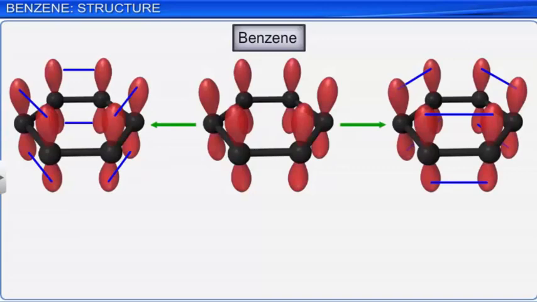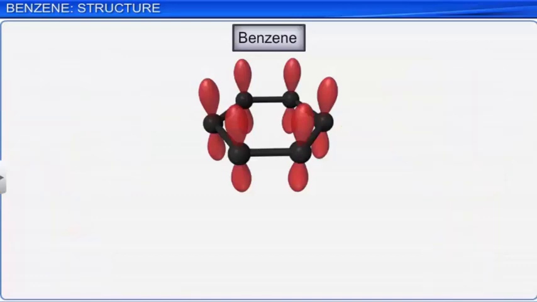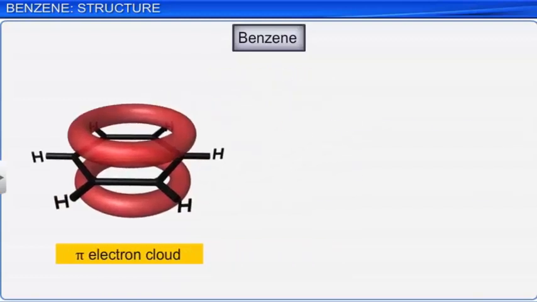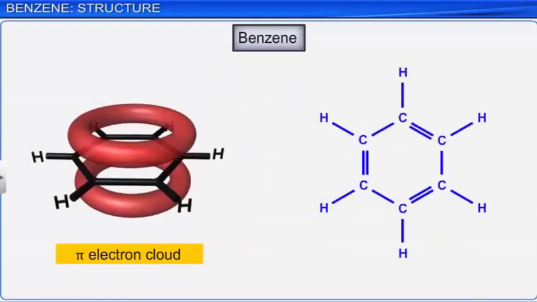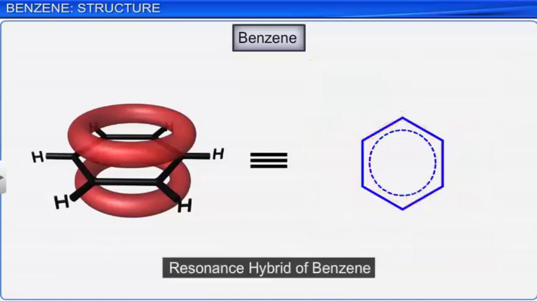As there is equal probability of the p orbital of each carbon atom to overlap with adjacent p orbitals of carbon atoms, it results in the formation of two continuous donut-shaped pi electron clouds, one lying above and the other below the plane of the carbon atoms. This delocalized pi electron cloud makes benzene more stable than the hypothetical cyclohexatriene. Hence, this is the resonance hybrid of benzene.